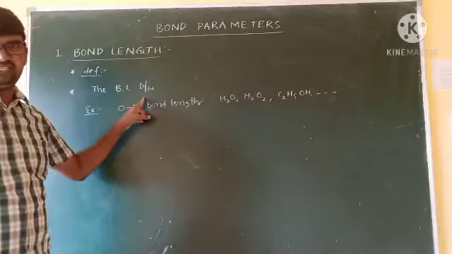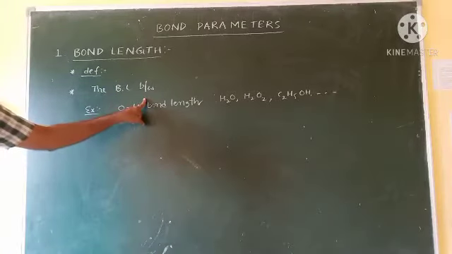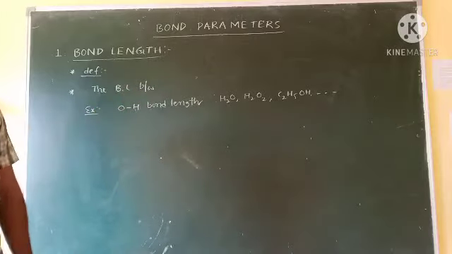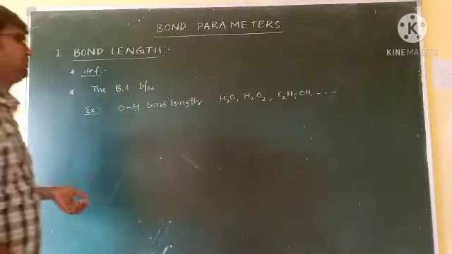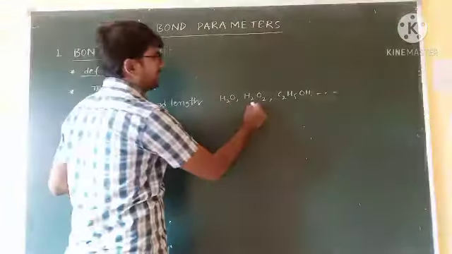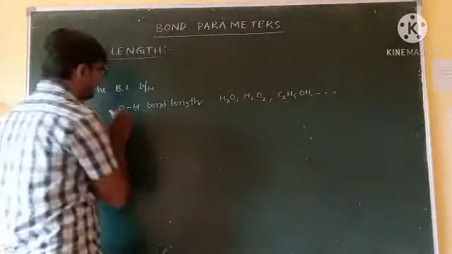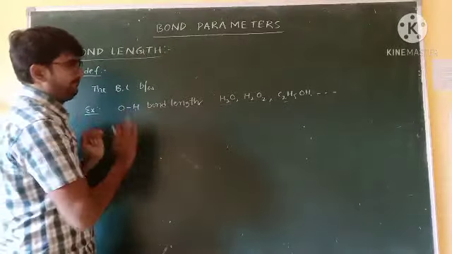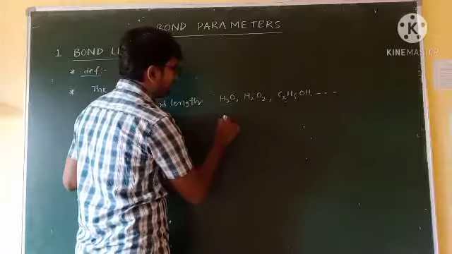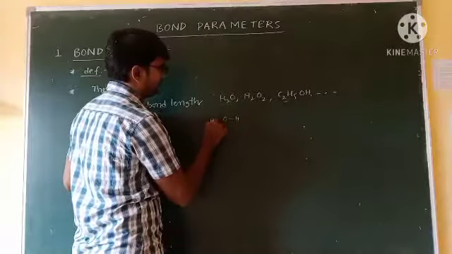What is the point? The bond length between a set of atoms in different molecules. This is one molecule, this is another molecule. These are all different molecules. In the different molecules, the OH bond length is the same.